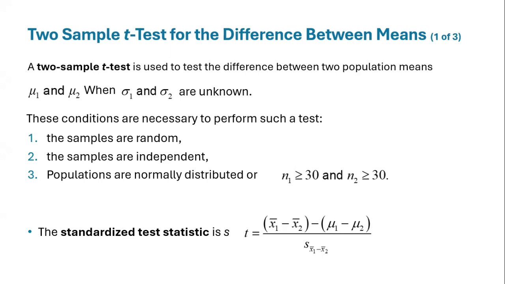So make sure every time you read the problem, you check the requirements first. After you check the requirements and the problem satisfies all of them, we are going to use the standardized test statistic t, which has this formula. That is the formula, and the bottom of the fraction is called the standard error.